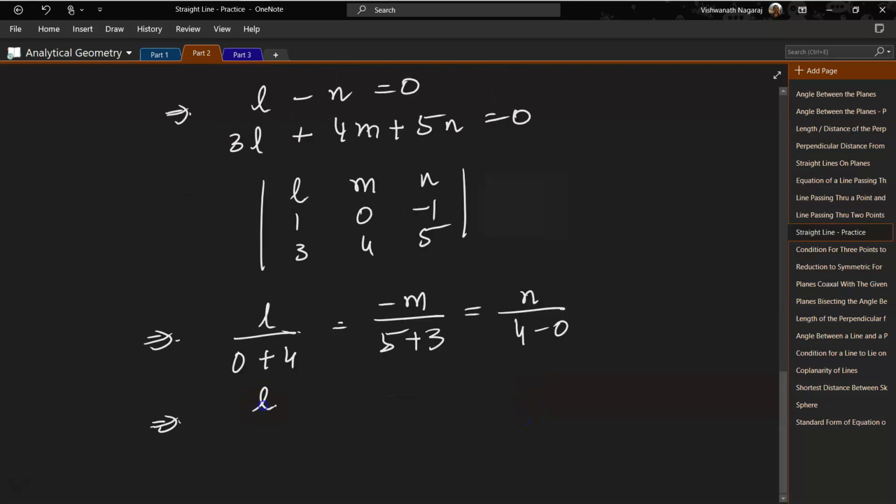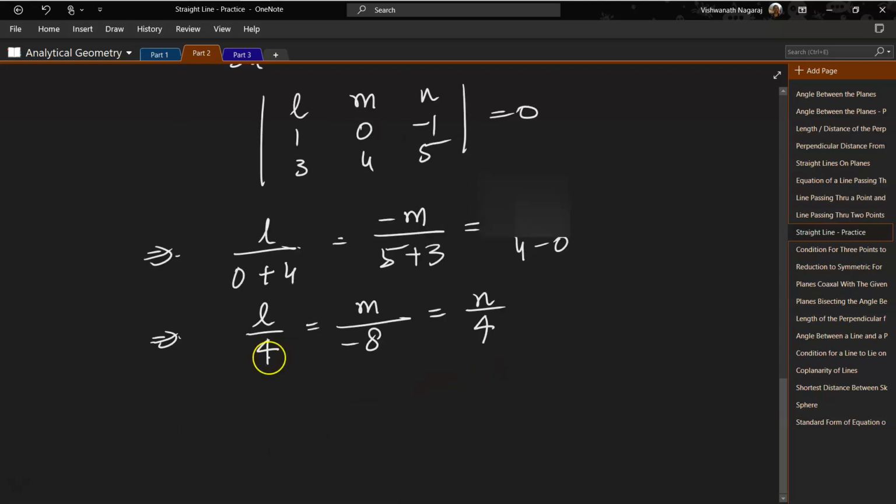Simplifying, L by 4 is equal to M by minus 8, since the numerator will not have a negative number, equal to N by 4. Remember, numerators are all direction cosines, denominators are all direction ratios.